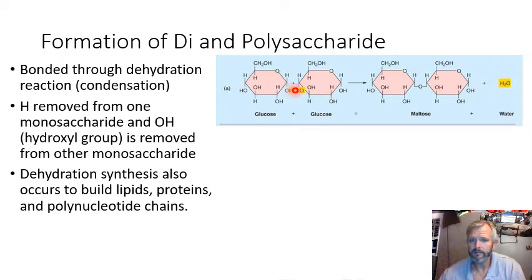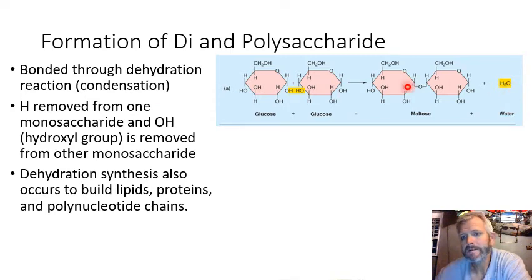Water is taken out from here to form this bond. So this chemical reaction is called a dehydration reaction or condensation reaction. We will see with many of our biological molecules, our proteins, our lipids, they are formed via these dehydration or condensation reactions. When they bond together, water is formed.